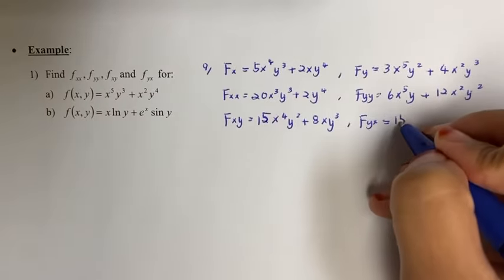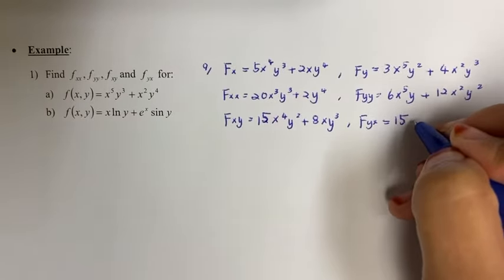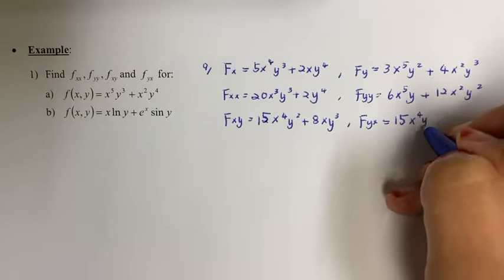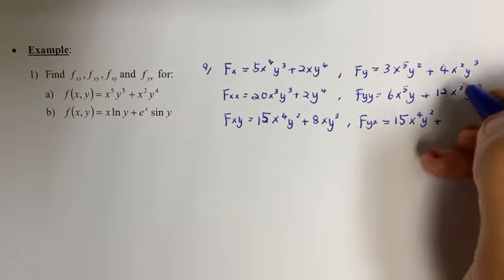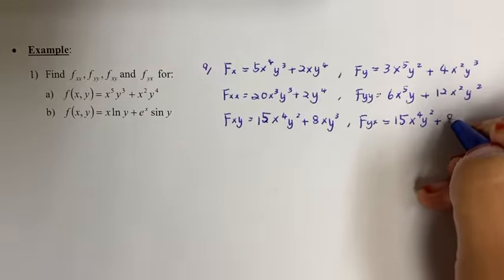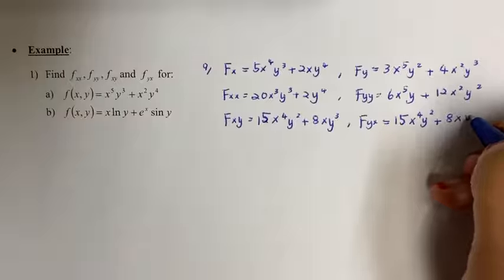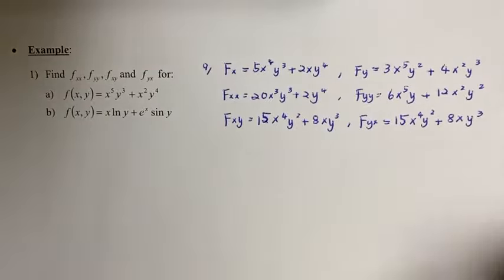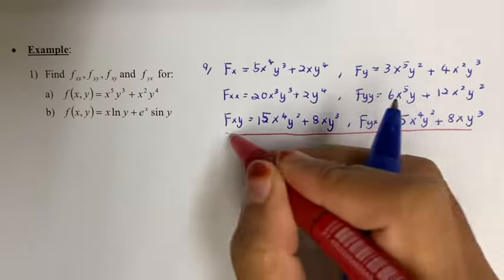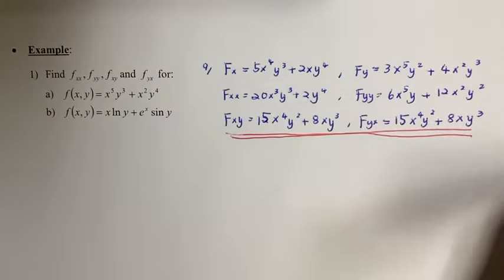Okay, so this one is 15x to the power of 4 y squared, plus we have this one with respect to x, so we have 8x y cubed. So now can you see the f_xy and f_yx is the same.